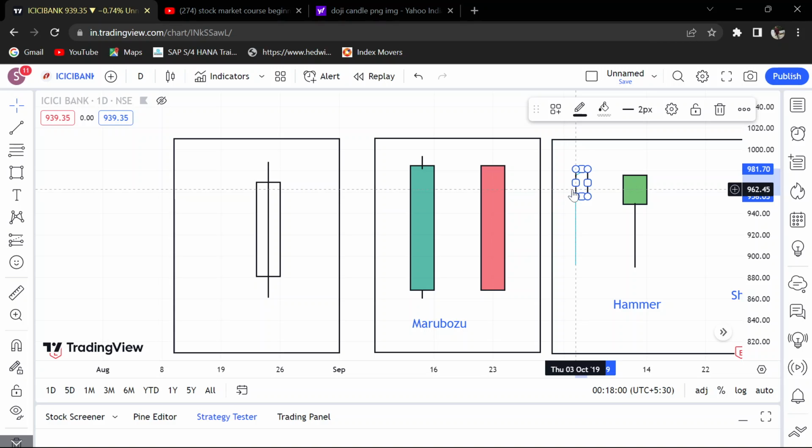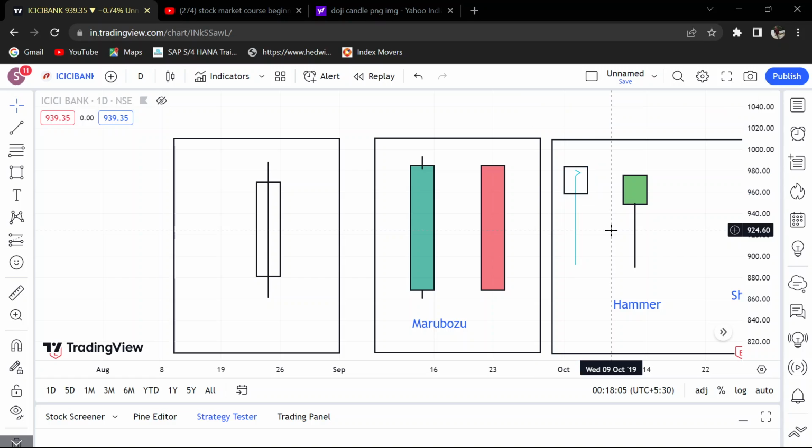See, it opened here, went all the way down, and from here it was heavily rejected. That means a lot of buyers are here. So it rejected, went up and finally closed here. So it formed a longer wick on the downside. A longer wick on the downside means all our buyers are there. So this is a strong bullish candle.